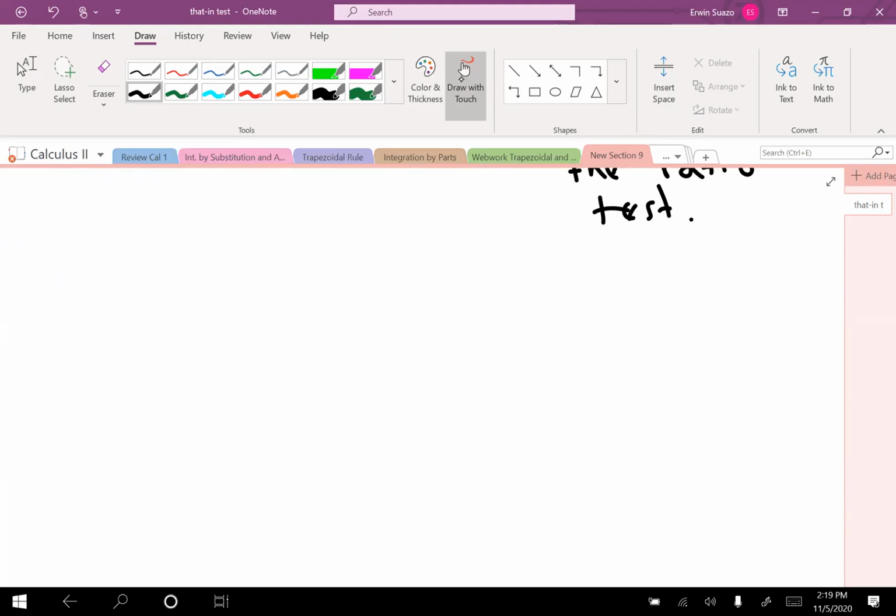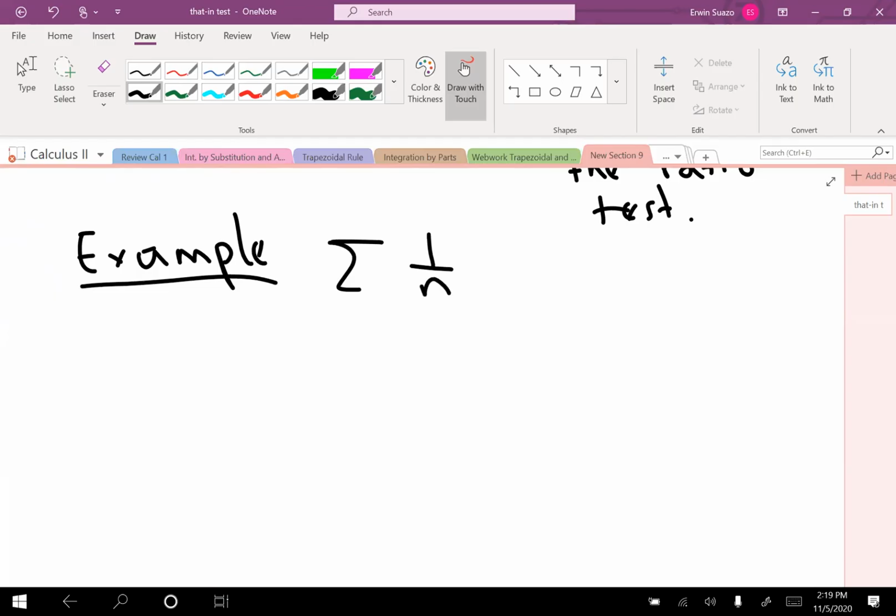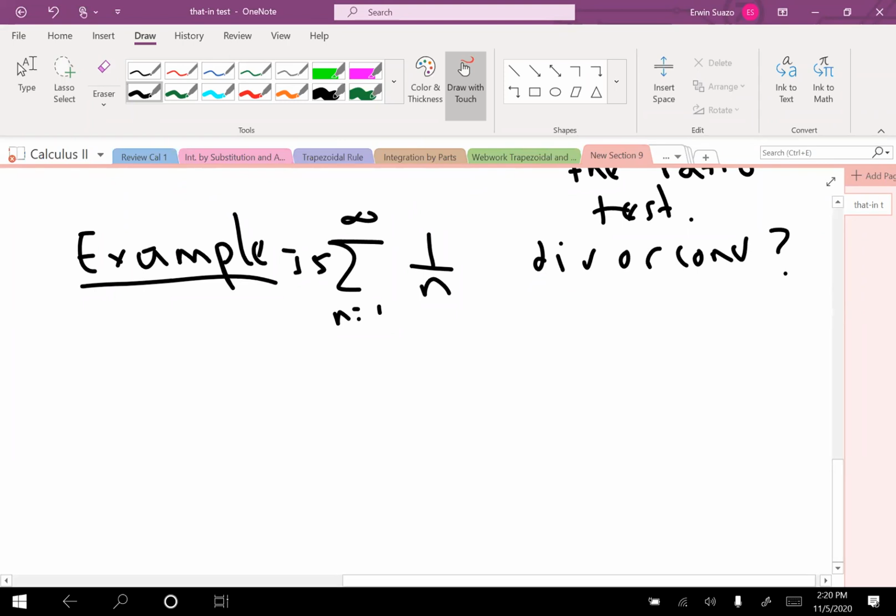Yeah, let's do just this one. Example: the sum of 1 over n, n equals 1 to infinity, is divergent or convergent? So we know the answer, right? Is this series convergent or divergent? Divergent. So let's try to apply the ratio test.